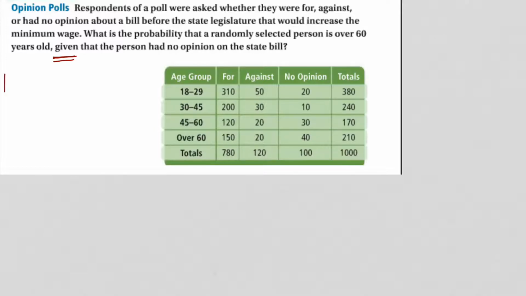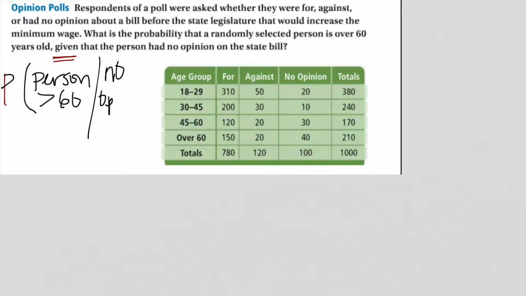So if I follow my conditional probability formula here, I'm going to figure out the probability of a person over 60, greater than 60, given, that's that slash, no opinion on the bill.